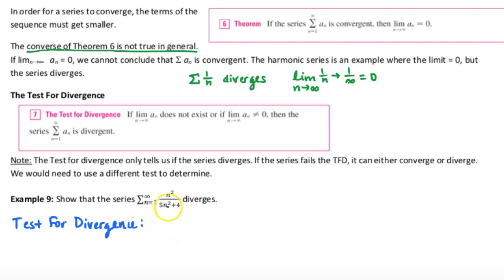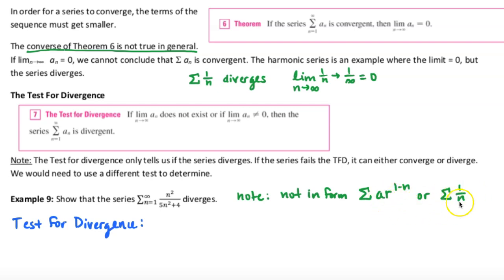Now, this is not in the form, let's just make a note here. It would be difficult to get this in the form of the sum of a r to the power of 1 minus n, remembering that this is our geometric series, or I know this is not in the form of 1 over n, which is our harmonic series.